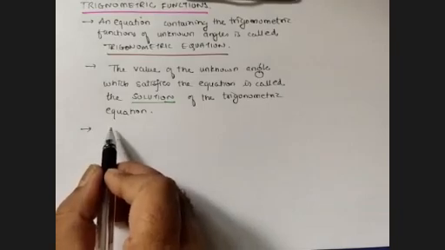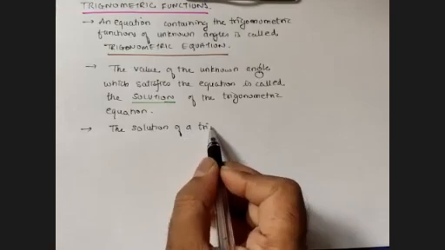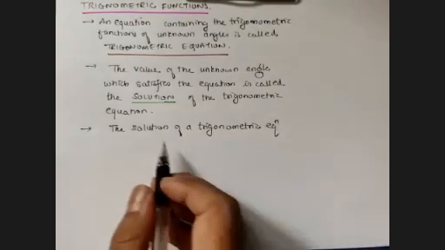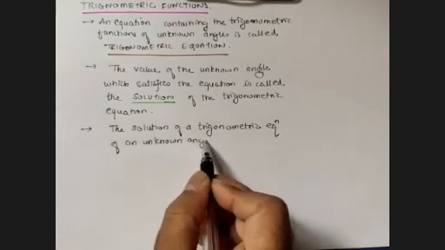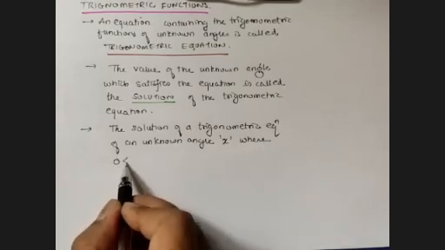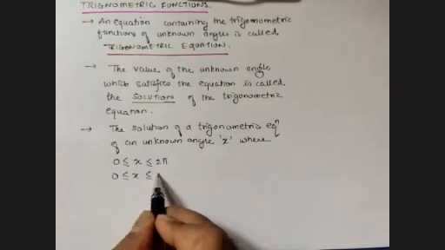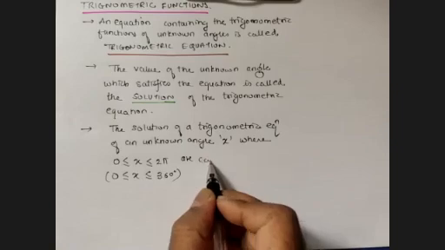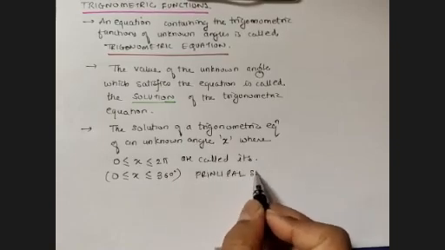Now this is the most important statement. The solutions of a trigonometric equation of an unknown angle, say x, where 0 is less than or equal to x is less than or equal to 2 pi, that means 0 to 360 degrees, an entire complete circle, are called its principal solutions.